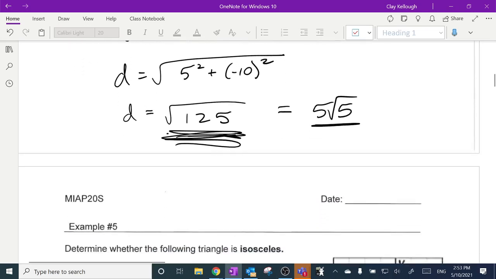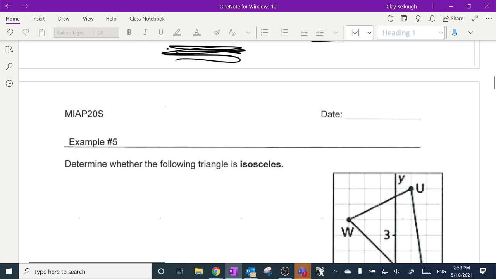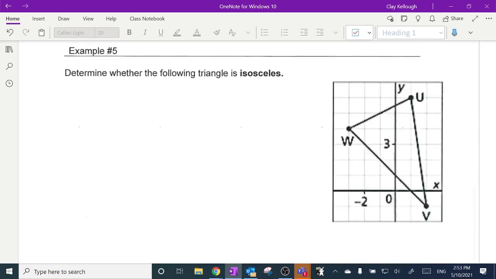This is interesting. Here's a kind of a problem-solving situation. Determine whether the following triangle is isosceles. Who remembers what that means? Two sides are equal. Now, we do have the benefit of a diagram, right? Clearly, WU must be smaller, but it seems pretty reasonable to me that VW and UV could be the same length.